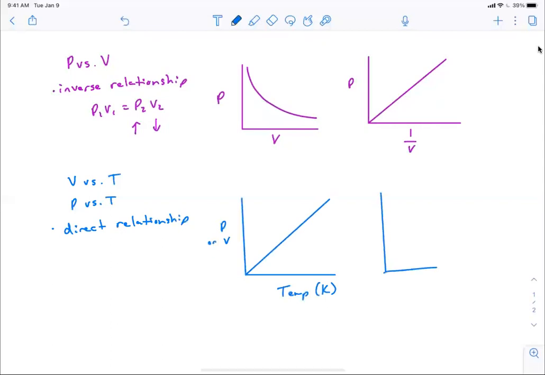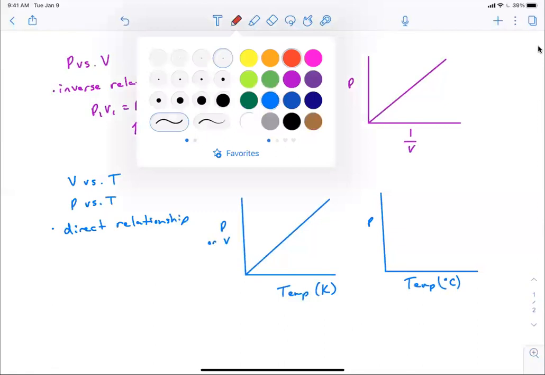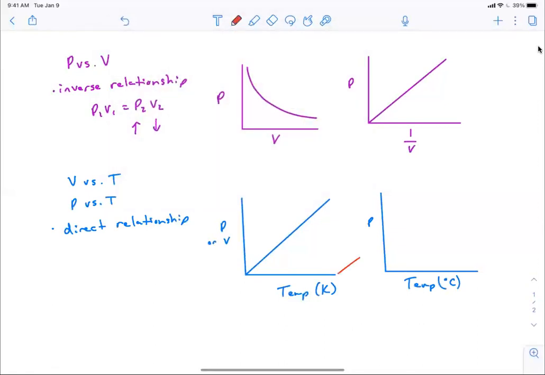What you have to be careful about is if the axes are not that, let's say, for example, it's temperature in degrees Celsius, then your graph actually intersects the y-axis at a higher point because it will intersect the x-axis at negative 273 degrees Celsius. So understand that the graph does shift when you graph it in terms of degrees Celsius, and read those axes very carefully to make sure that you're getting the right result for the graphical trend.